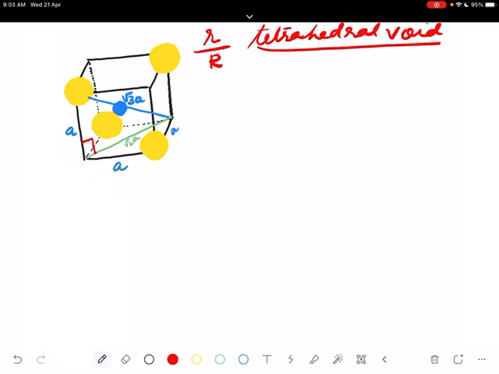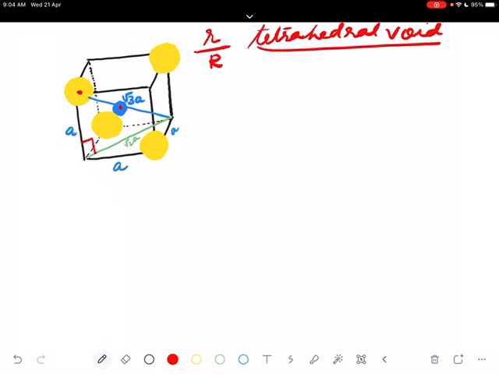For the smaller void, its radius is small r, and for that yellow sphere, the bigger atom with which the crystal lattice is made, its radius is capital R. Now, what is the distance from this red spot to this red spot?